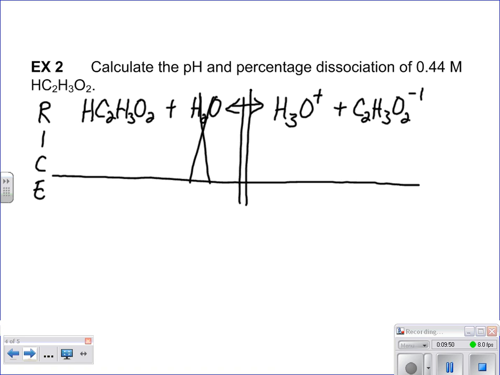And we see, in this case, that K sub A for acetic acid is 1.8 times 10 to the negative fifth. And so that's given to us. And we read through and it tells us that we want to calculate the percentage dissociation, and we're told that we're starting with 0.44 molar. So this value we know.